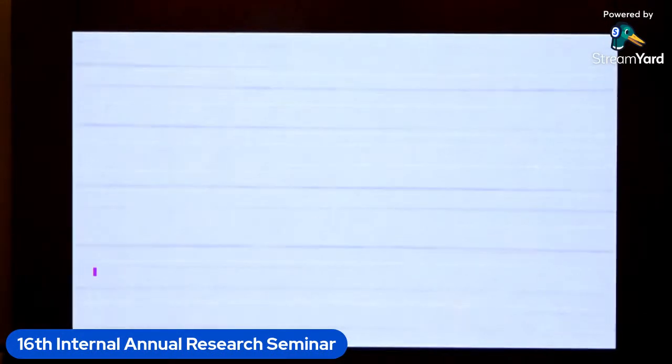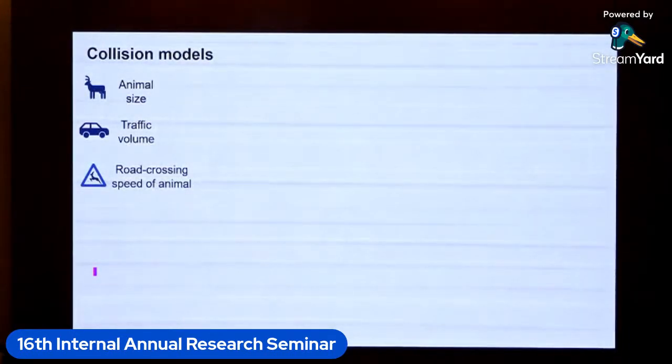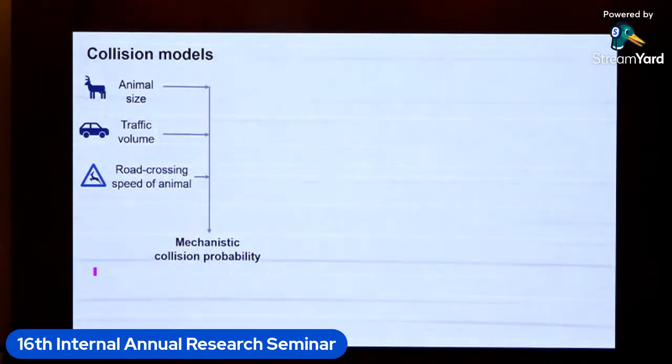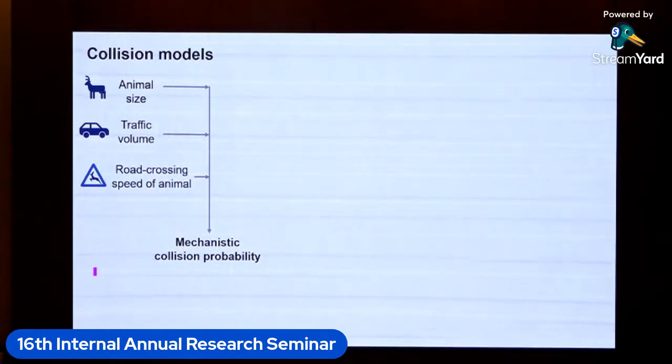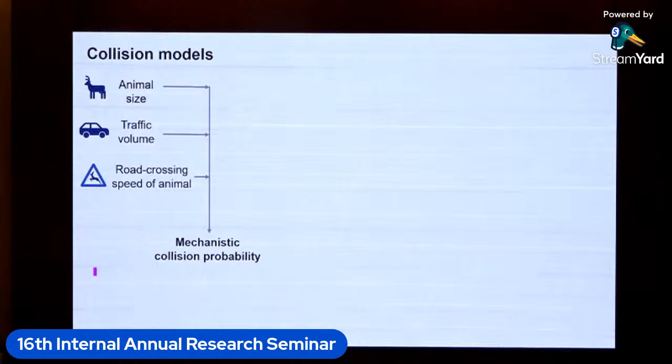Now coming to the collision part, we generated 2 collision probabilities. One is mechanical collision probability. We relied on the traversability model, where we use the road crossing speed of the animal and animal size from the literature, along with the traffic volume from deployed CCTV cameras. So each segment got a mechanical collision probability.